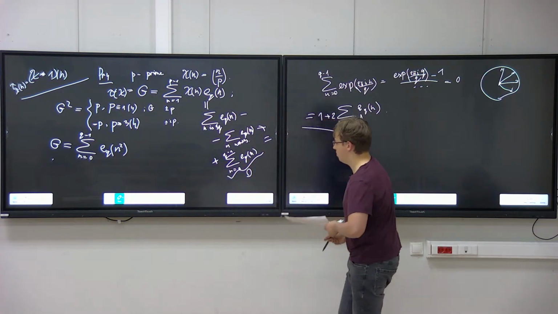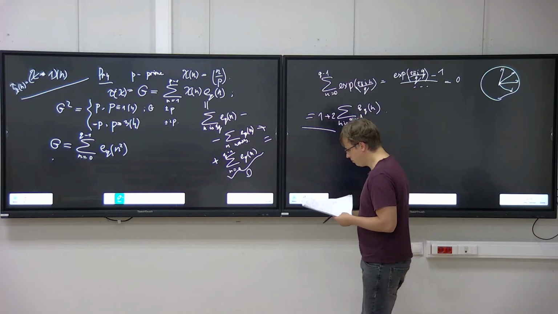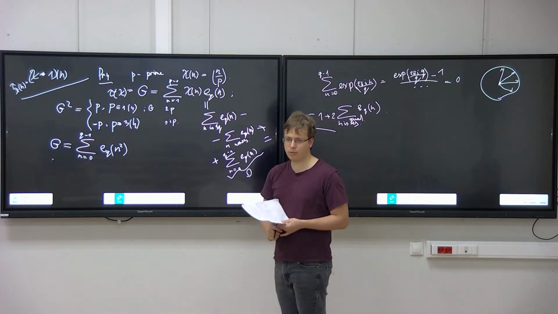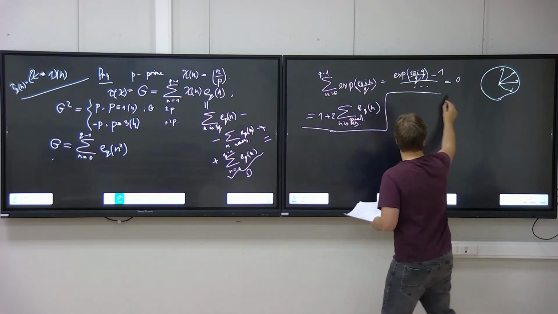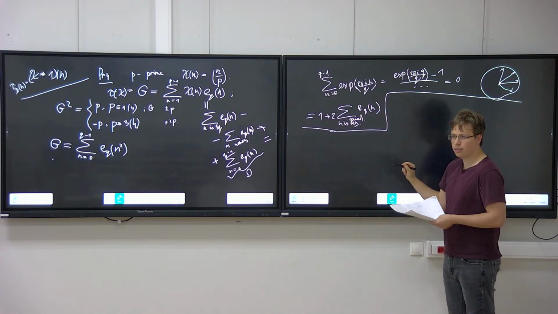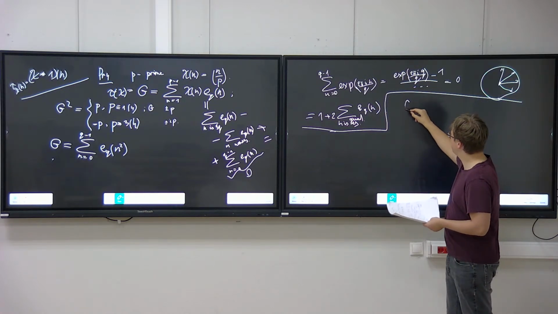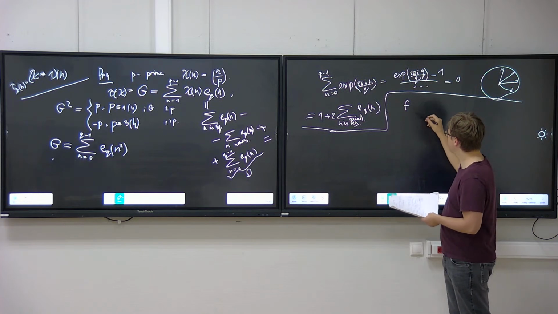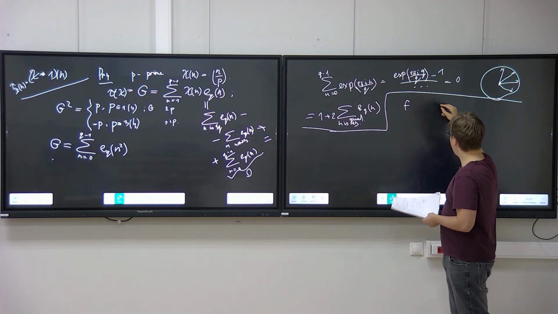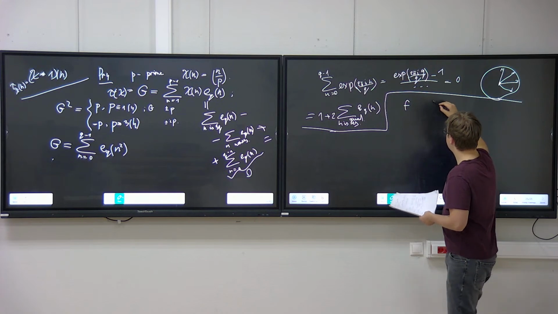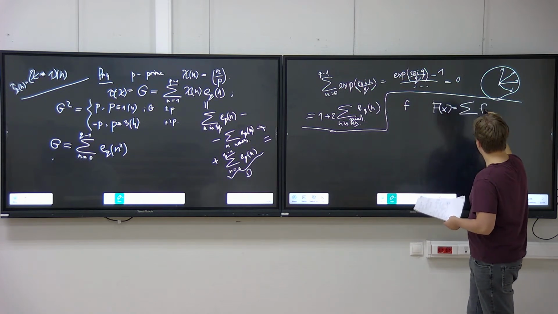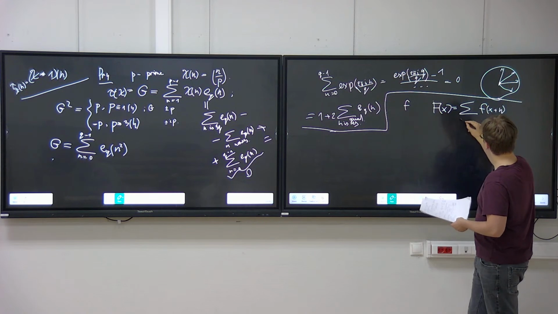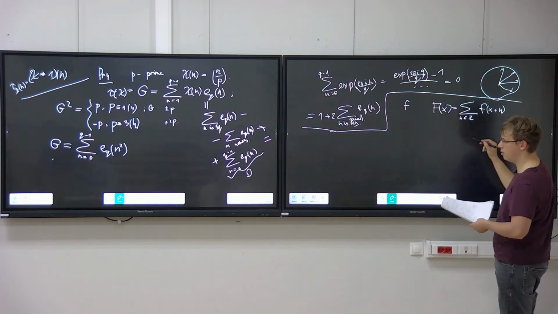Okay, and how to compute this expression? First, do you remember the Poisson summation formula? Let me remind you. Let f be a function, and we can construct such a function: big F of x is the sum of f of x plus n over integers.